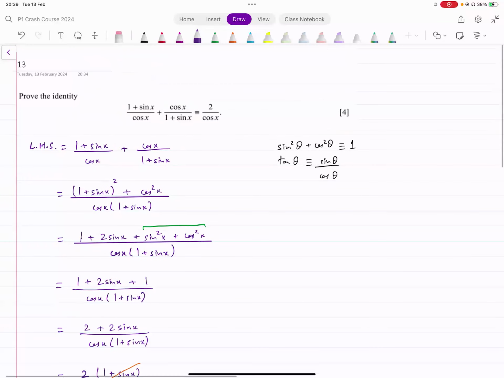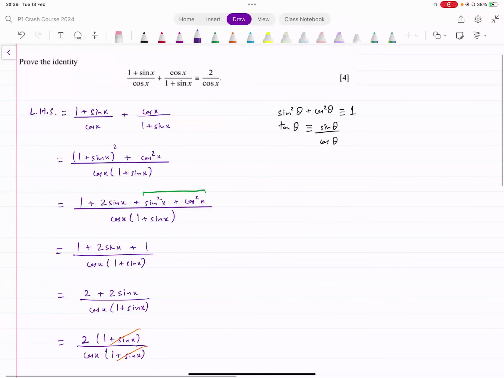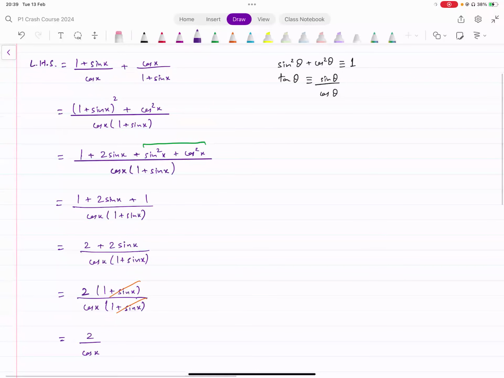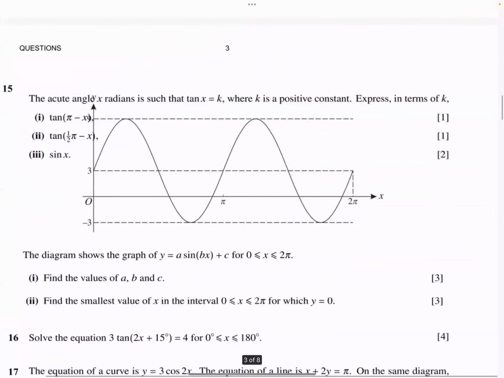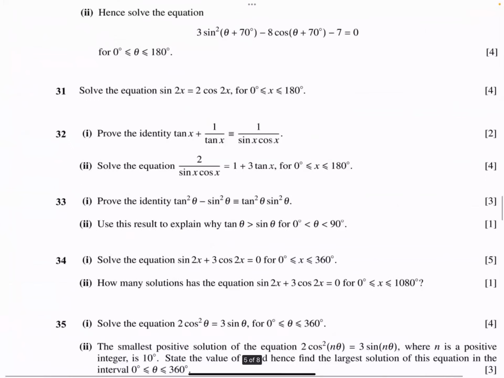Okay, that was question number 13 from the worksheet. Any questions on this, anyone? Okay, let's have a look at the next one then. So next is question number 32, you were saying? 32.